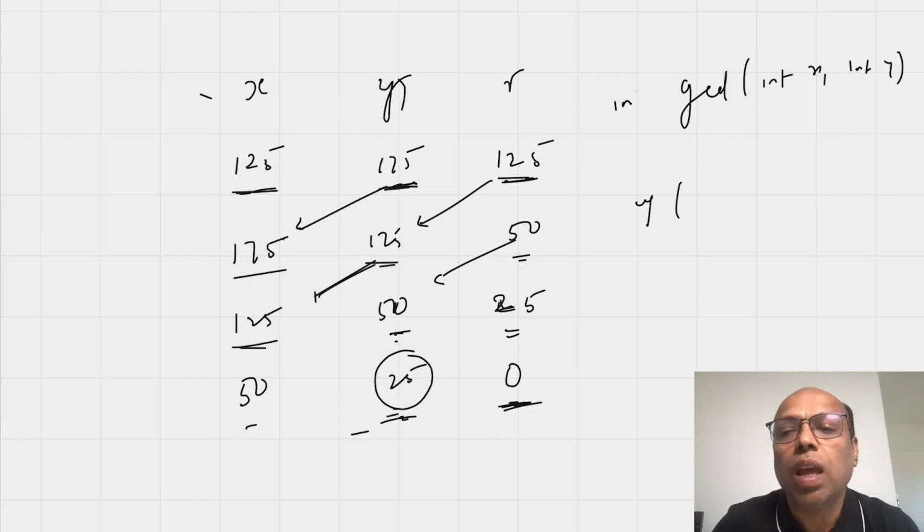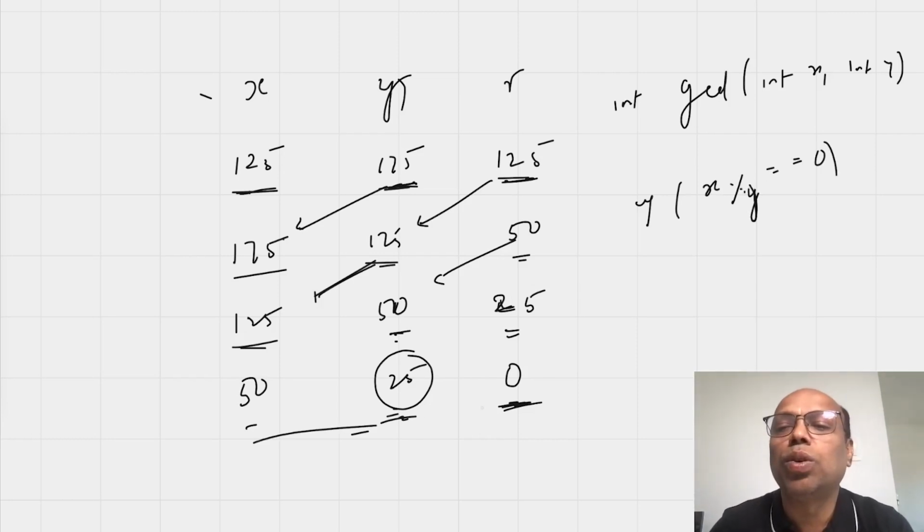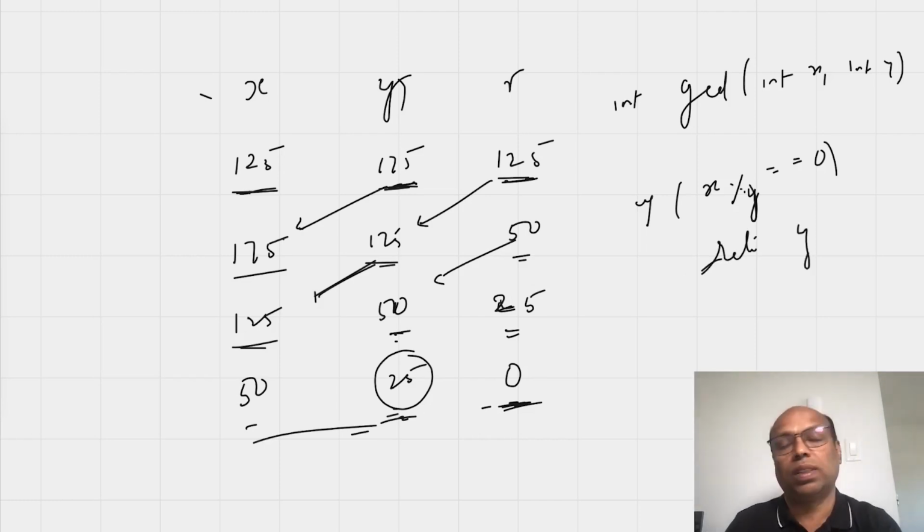If x mod y is 0, how do you find the remainder? If x mod y is 0, who is the GCD? I can directly return y. Right? The base component needs to directly return a value.